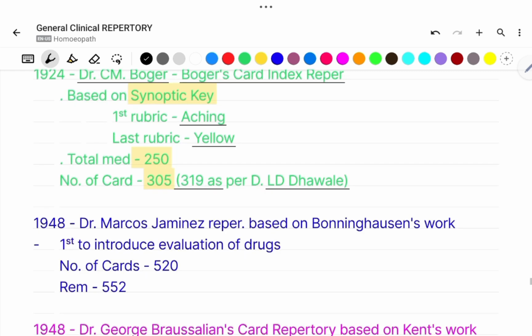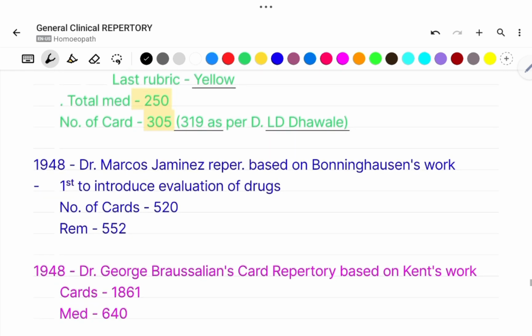Then after that in 1948 Dr. Marcos Zaminez repertory, which was based on Burning Hussein works, came. It was the first repertory to introduce evaluation of drugs. Total number of cards in this repertory 520 and total number of remedies were 552.